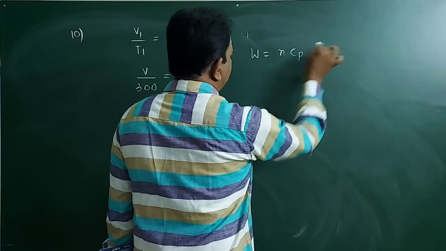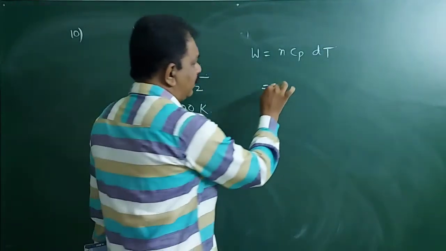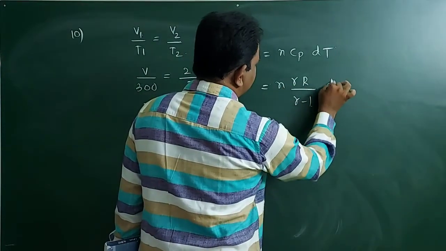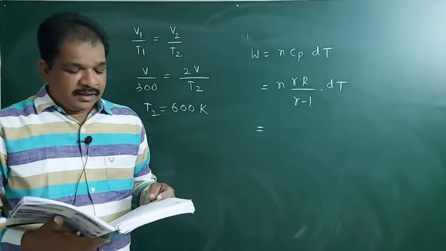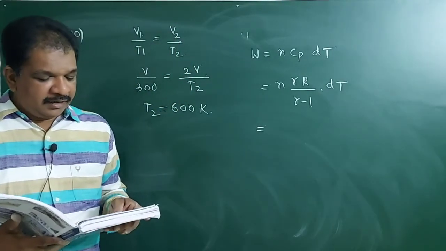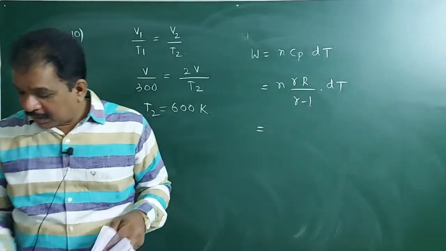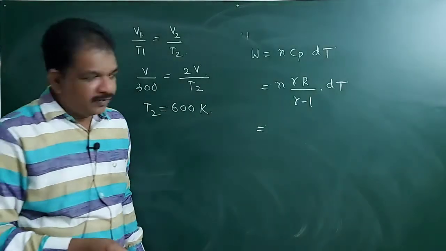Okay. Then you calculate the heat. n Cp dT. Cp value is gamma R by gamma minus 1, into dT. For a diatomic gas, gamma value will be equal to 7 by 5.